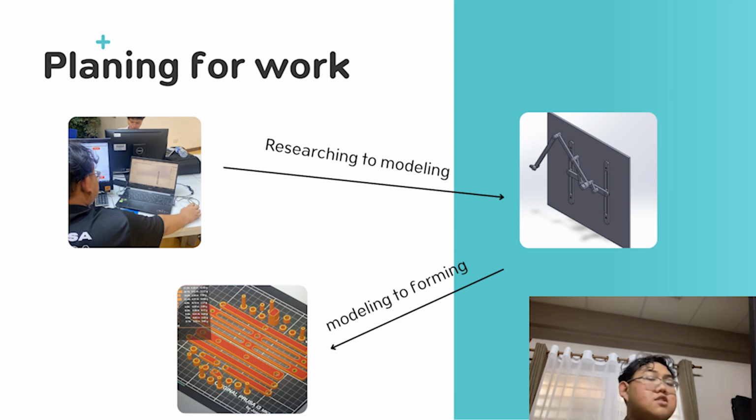Once the design was complete, we moved on to the fabrication stage. Our team chose to use a 3D printer for the production process, with assistance from our friend to create the parts. Finally, we assembled everything to form the structure we had designed.